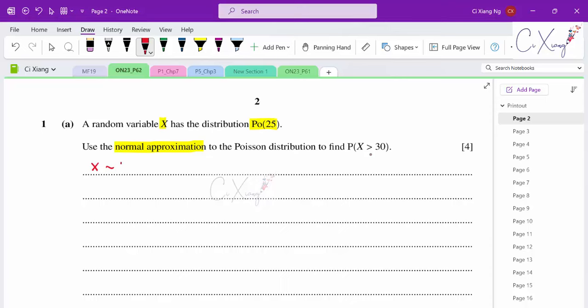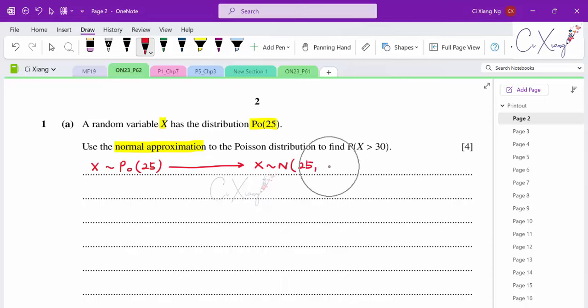So to change Poisson to a normal distribution, the condition is of course that lambda must be greater than 15. In our question here, lambda is already more than 15, therefore we can change it to a normal distribution. The first parameter in the normal bracket is the mean, which is lambda, 25.